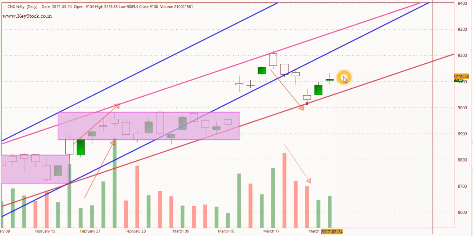But again, this is a feeble up move because the volumes were not as high as expected. So even this up move may be unsustainable as volumes are less and spreads are also narrow. Effectively, this zone becomes a good resistance zone for any up move.